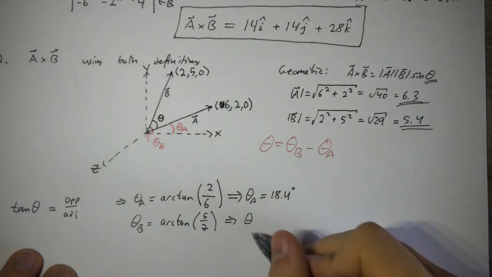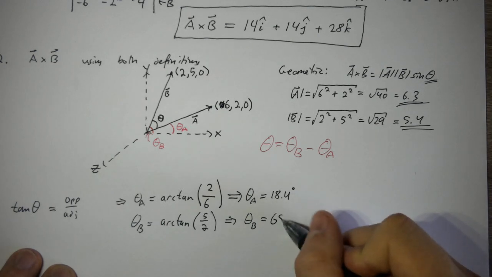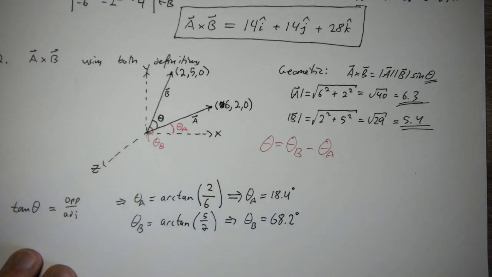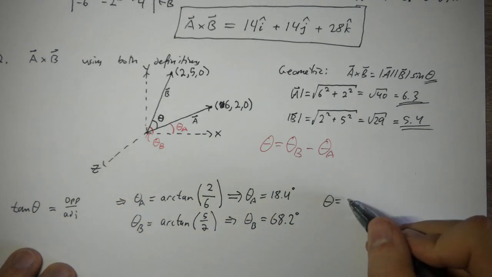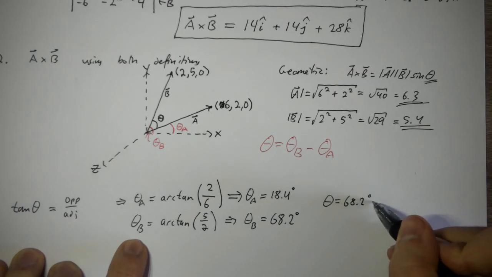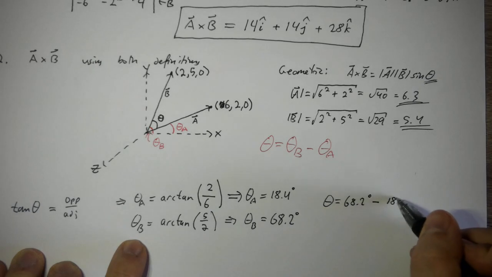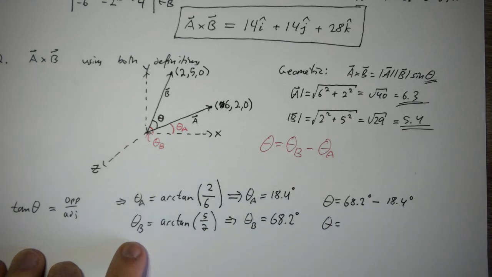And so theta B is 68.2 degrees. Now we have everything we need to find the angle. So theta equals theta B, 68.2 degrees, minus 18.4 degrees. And theta, therefore, is equal to 49.8.